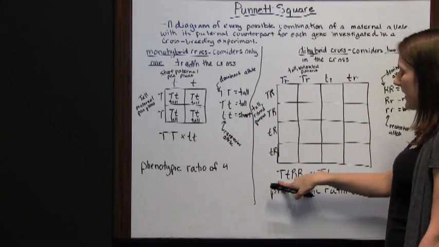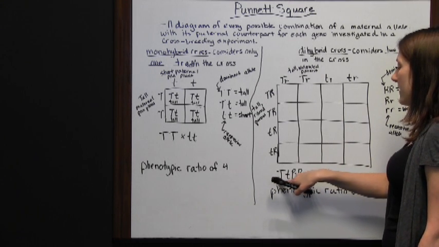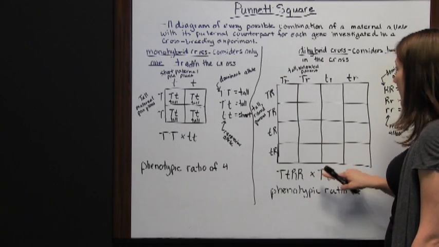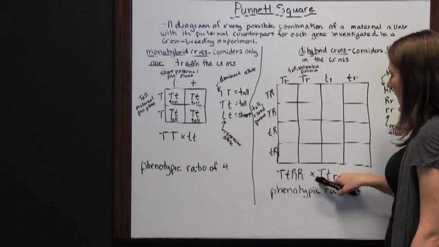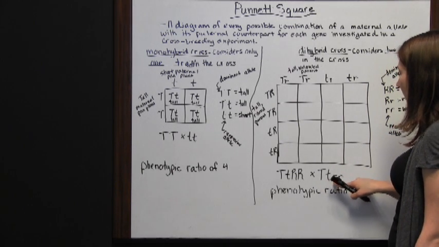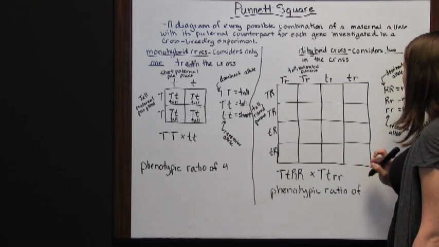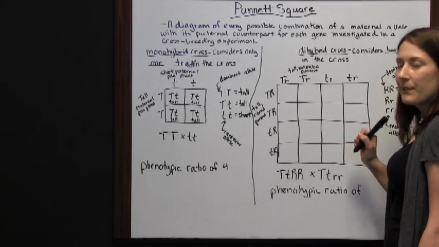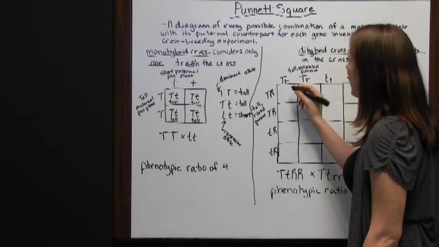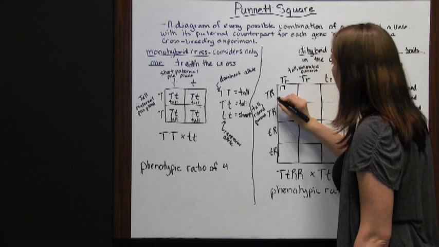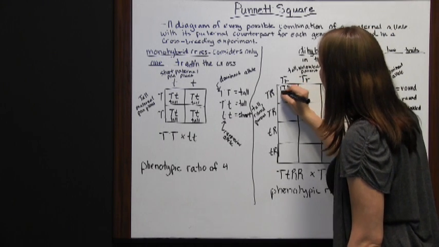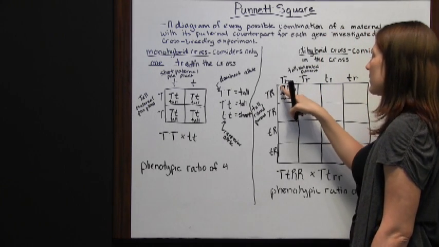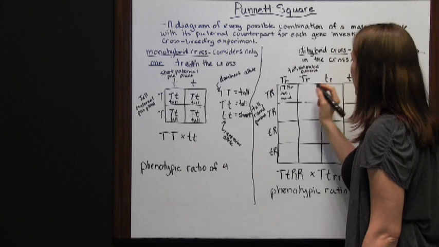So this is a parent that has a dominant and a recessive allele for tall and 2 dominant alleles for round peas, and another parent that has a dominant and recessive gene for tall and 2 recessive genes for wrinkled peas. And we're going to look at what we get in our Punnett square with this. So we have big T, big R, little r. So this is going to give us tall and round because we have 2 dominants and a dominant and a recessive.